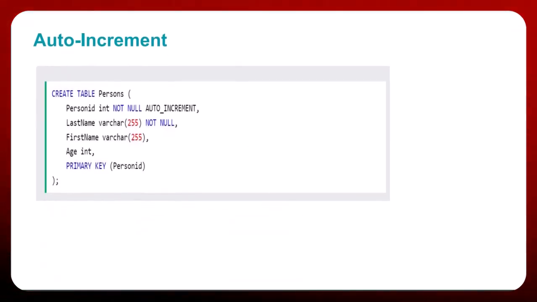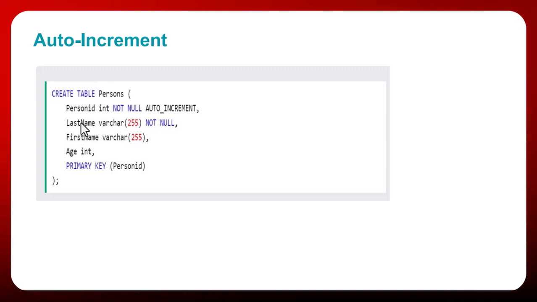So for example, when you create this table which is called person, and it has person ID, last name, first name, and age, I just have to add a primary key, person ID, and then the person ID is not null, and you need to add auto increment.